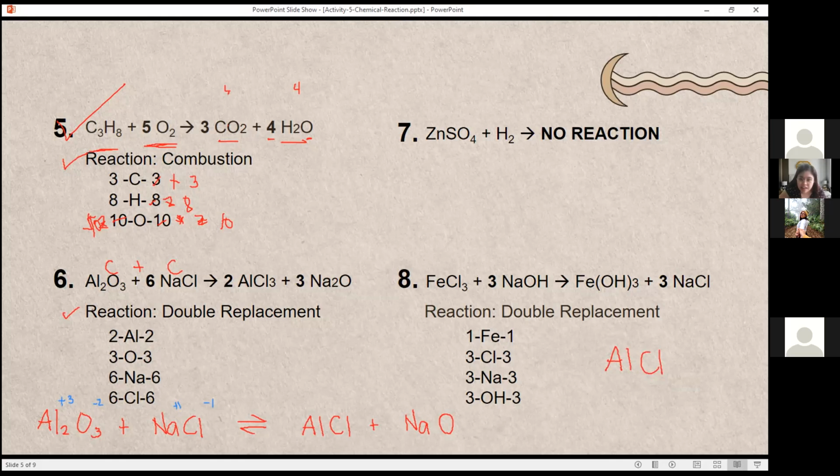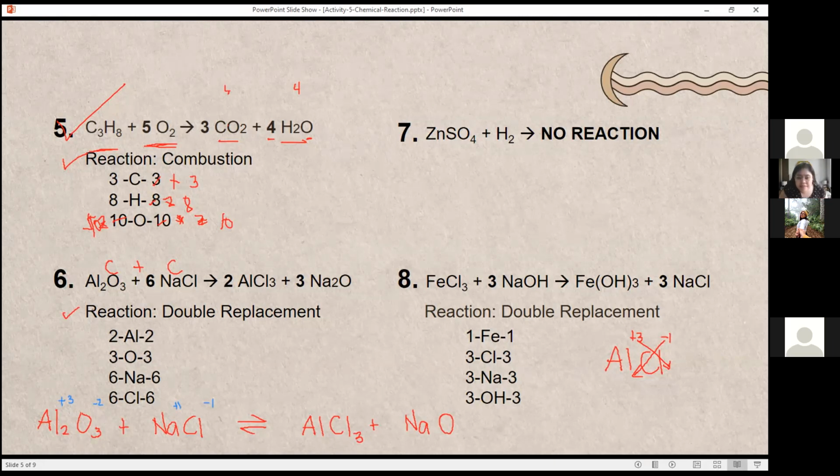Kasi again, nakadepende yan sa charges nila. Aluminum is positive 3, chlorine is negative 1. So we have to do the crisscross, which means that the correct formula for aluminum chloride is AlCl3. So, hindi sila magkapareho doon sa kabilang side, sa reactant na side.